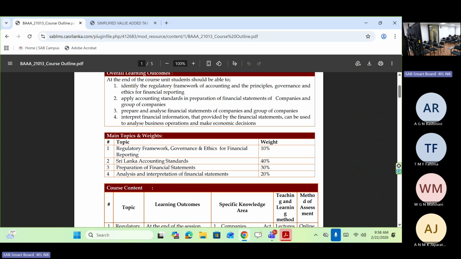Then here we have another asset called what? Intangible asset. Today we are learning about this. Today we are learning what this intangible part is all about. What is this intangible part?